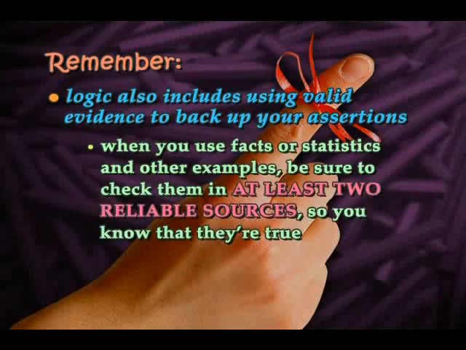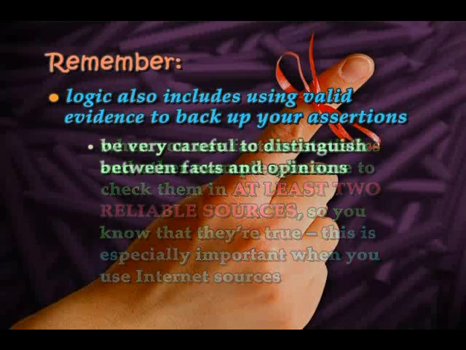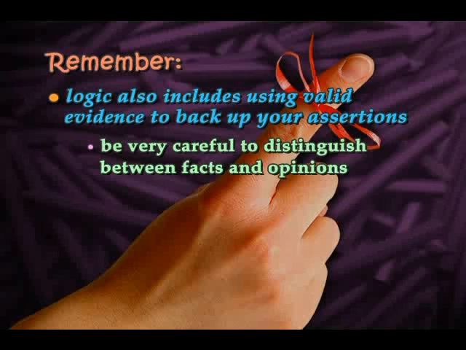When you use facts or statistics and other examples, be sure to check them in at least 2 reliable sources so you know that they're true. This is especially important when you use internet sources. Make sure that you're using valid sources so your information is solid. Be very careful to distinguish between facts and opinions.